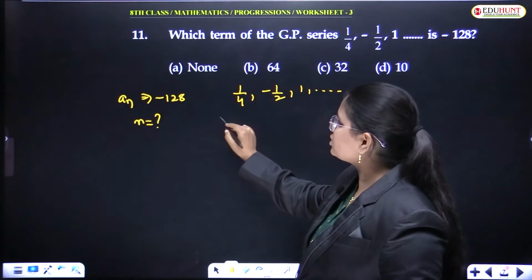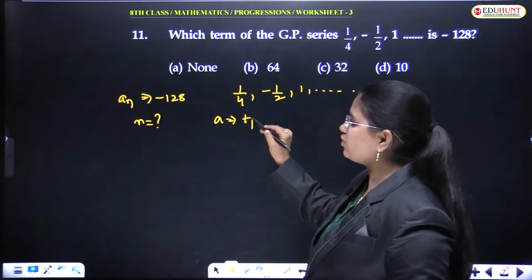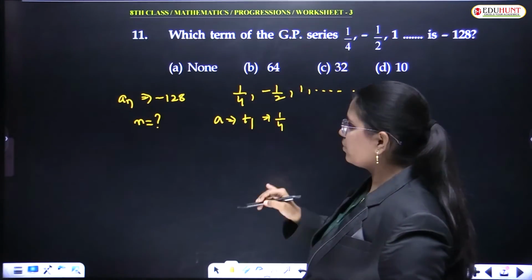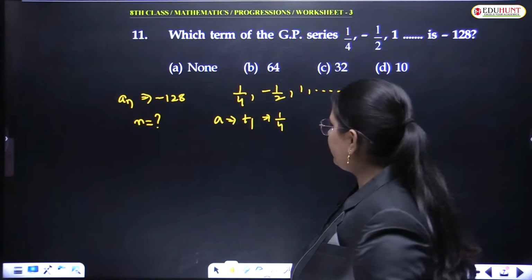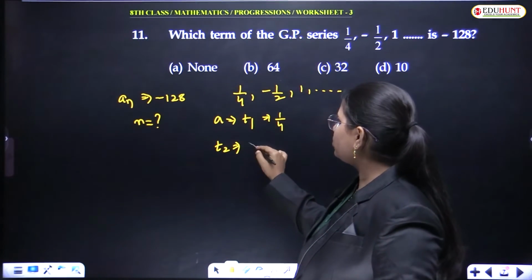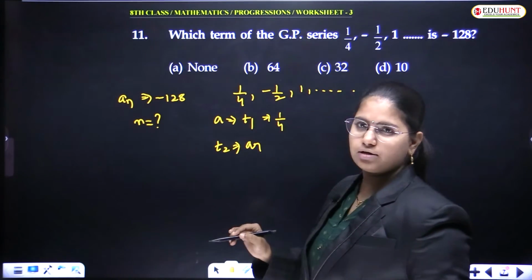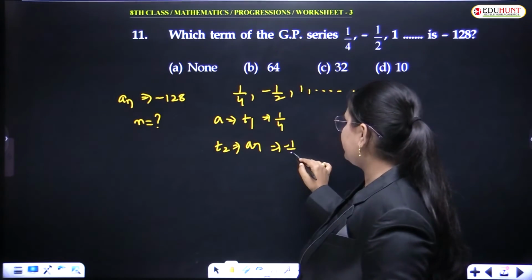Here what is the first value? T1 is expressed as the first term A, and it is 1 by 4. Next, what is T2? T2 is expressed as AR, correct? And in the problem it is minus 1 by 2.